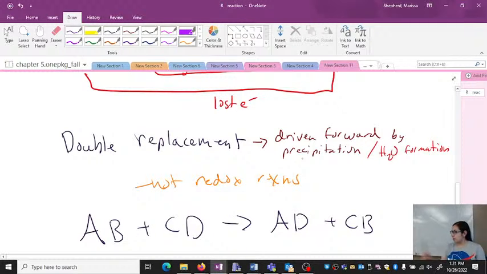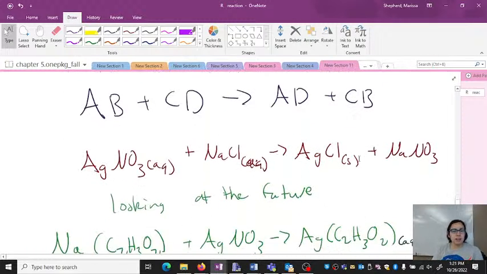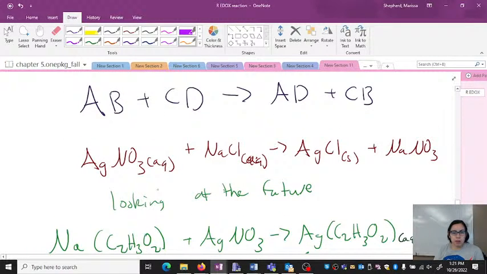If you're just swapping cations and anions, and we examine this first one, silver's in the 1+ state, sodium's 1+, chlorine's -1, then silver's still 1+, chlorine's still -1. So nothing happened, they just swap partners, so not a redox reaction.